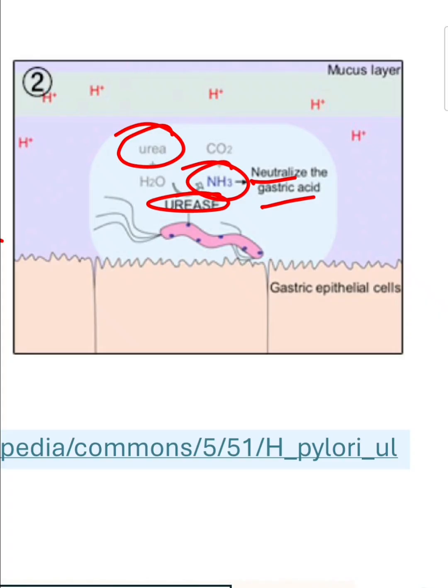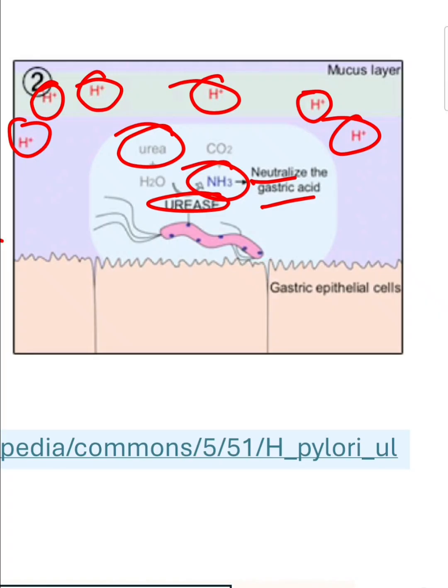So in the stomach there is a lot of secretion of hydrochloric acid from the parietal cells that increases the acidity. Now that acidity is not good for the Helicobacter pylori itself. So to counter that, it uses this method to neutralize the acid and make a comfortable environment surrounding it so that it can colonize that.